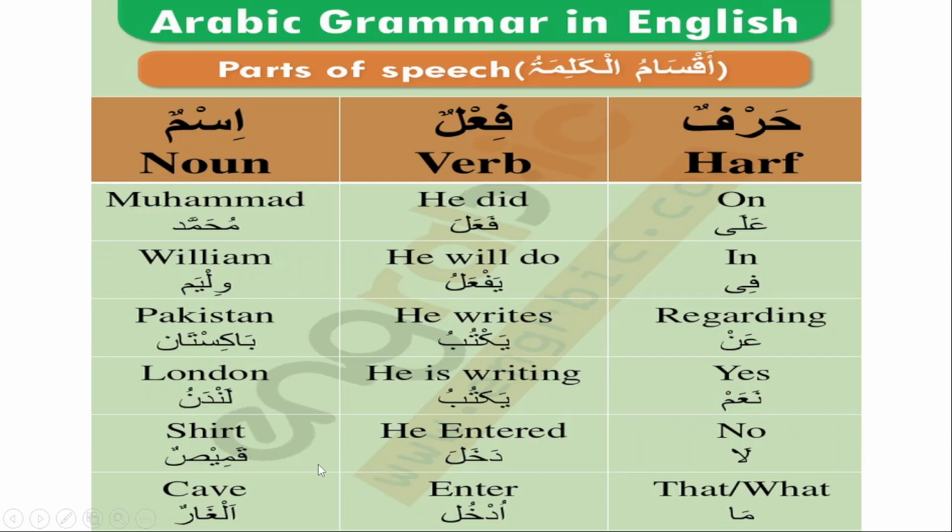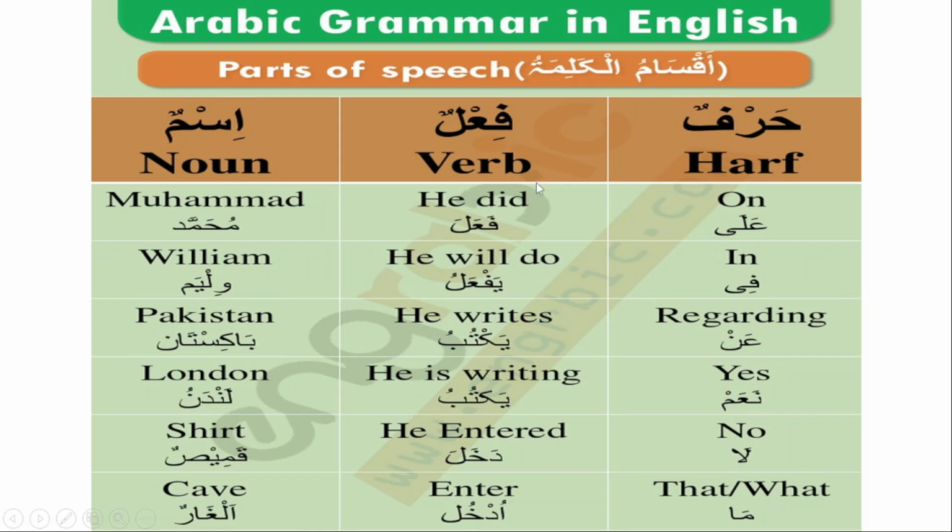Moving on, we'll recap once again. So we have harf, then fi'l and ism, and we will see some examples. For example, of harf: on, which is ala in Arabic, in, fi in Arabic, regarding, an in Arabic, yes, na'am in Arabic, no, la in Arabic, that, what, ma in Arabic.